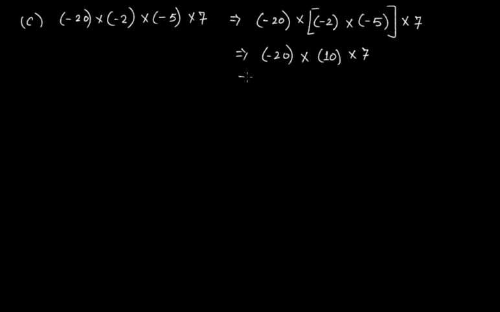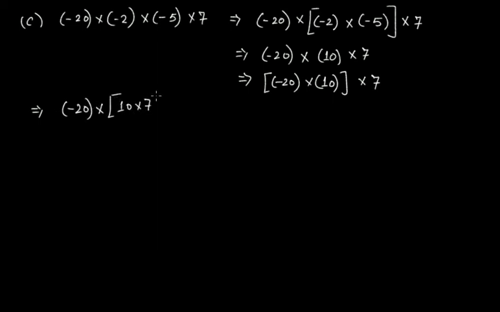Now what? You can either group together minus 20 times 10 using the associative property and then 7, or the other way could be that minus 20 and you group together 10 and 7.